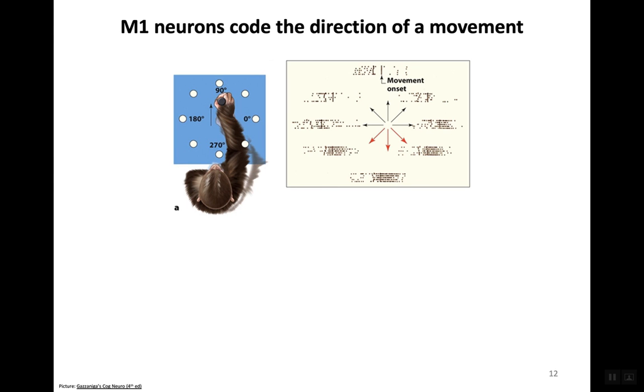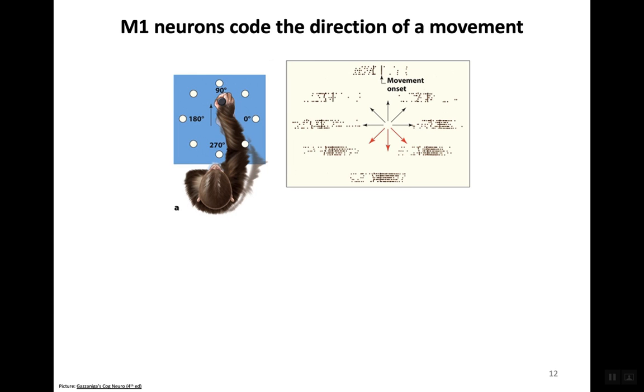And that is precisely what some of the most seminal studies, single-cell recordings in monkeys, established a while back. Intriguingly, it was found that motor neurons encode the direction of movement irrespective of the starting point or the end point of movement. So let's make that a bit more concrete.